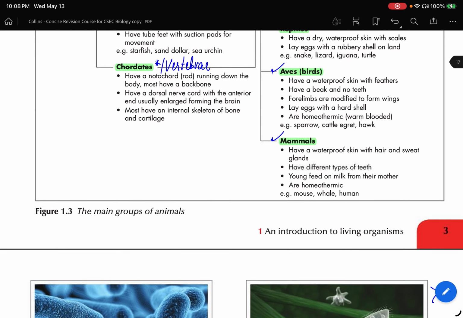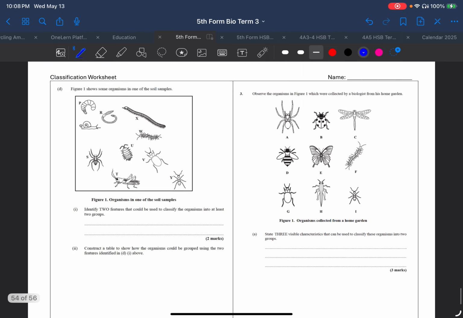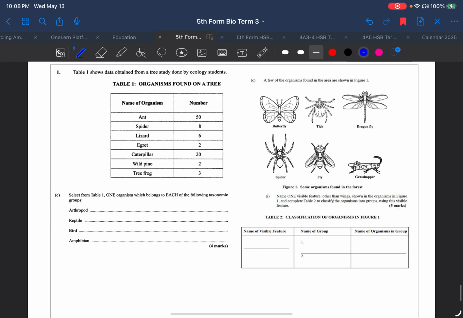So let's look at that. So here are some past questions and things related to this. So we see here, it says there's a table obtained from a true study done by ecology students, and they have the names of the organisms and the numbers. Select from table 1 organism which belongs to each.